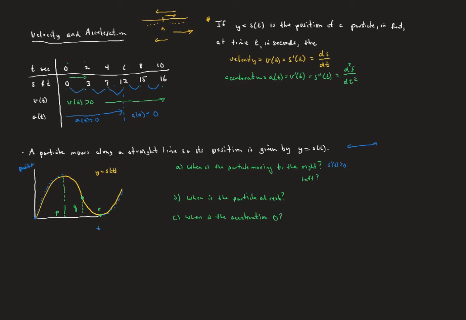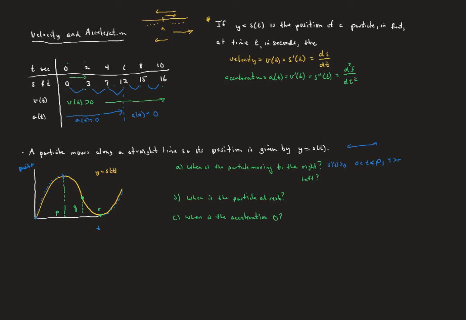So we would say for t between 0 and p, but not including p, because right at p, its velocity, the derivative, is going to be equal to 0. And to be moving to the right, the derivative has to be positive. It is also moving to the right, we can say, for t greater than r.